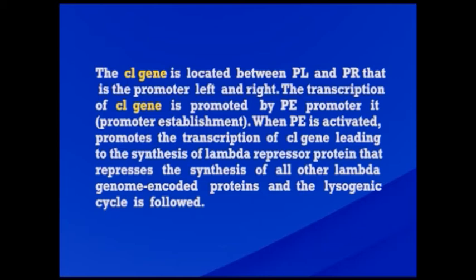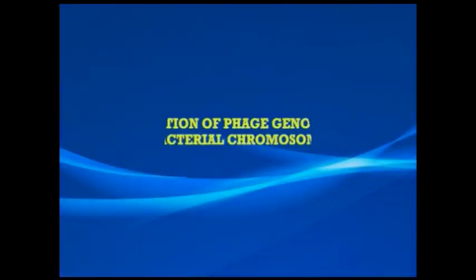When this PE is activated, it promotes the transcription of the C1 gene, which leads to the synthesis of lambda repressor protein that represses the synthesis of all other lambda genome encoded proteins, and the lysogenic cycle is followed. Next, we'll come to the integration of phage genome into bacterial chromosome.